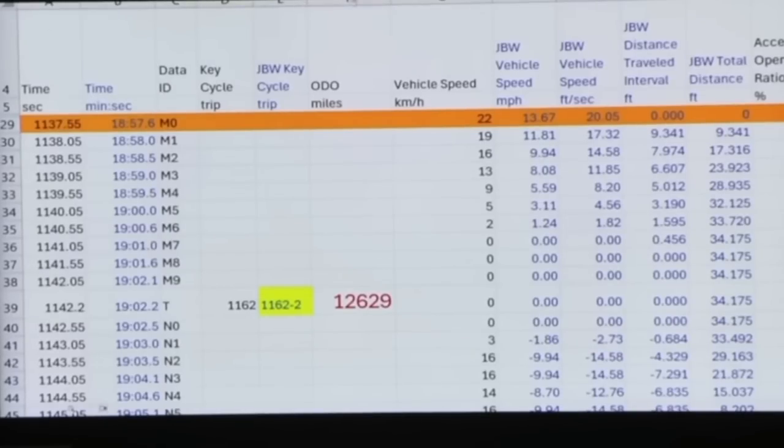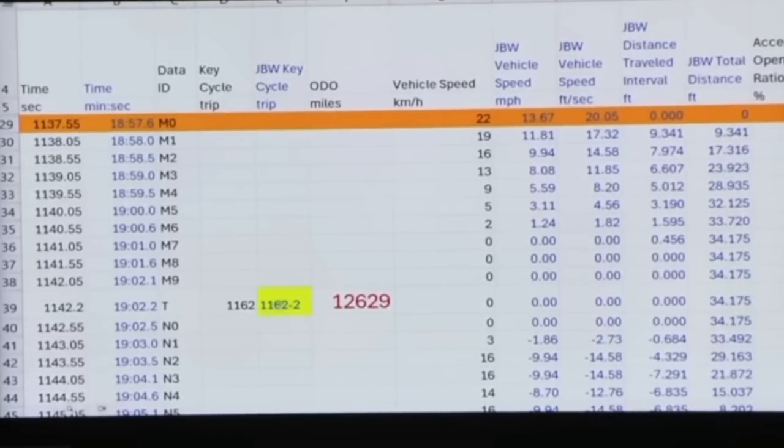And now we have a key cycle event, different than the 3-point turn. What's the number? So this is now 1162-2. So again, it's technically in the system the same key cycle. I've called it 1162-2. And the red number next to it to the right? That's the mileage. So it's actually at the same mileage as 1162-1. So we know, obviously, they're within the same mile.